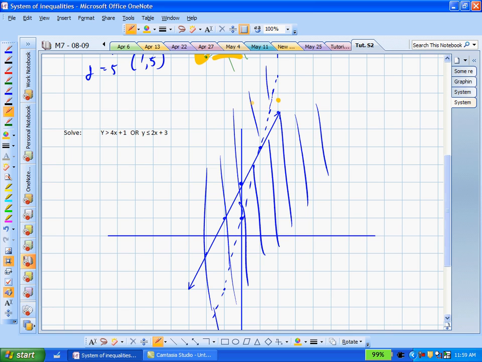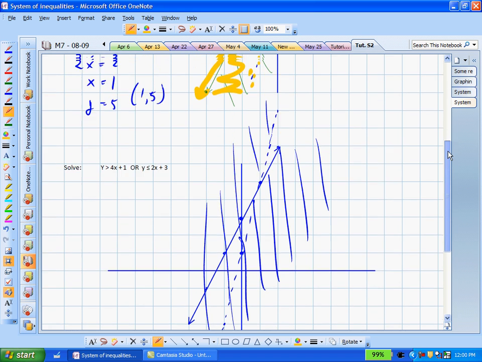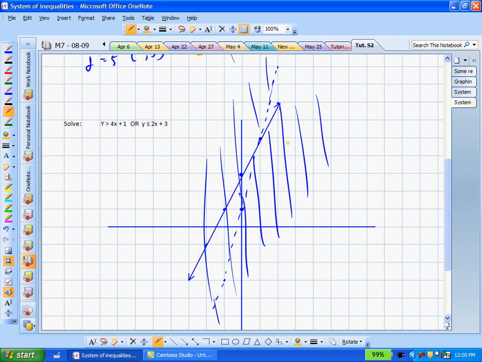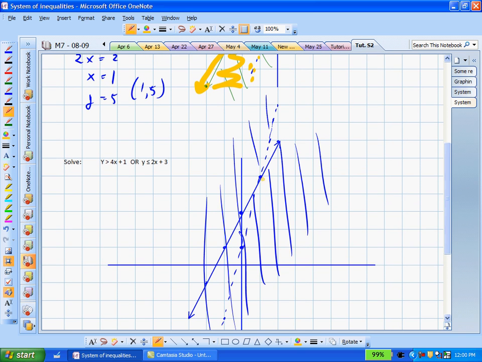Ah, so it's not working, right? So this is a very strange, different solution. This time it's almost the reverse of this thing, right? This solution had a wedge, and it was only the points in the wedge that worked. This thing, everything is working except for the stuff in this wedge.